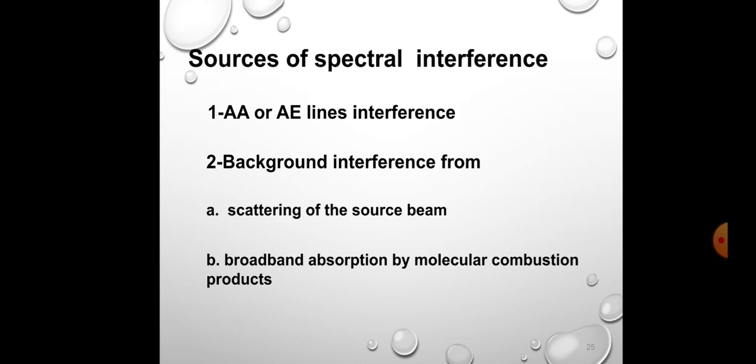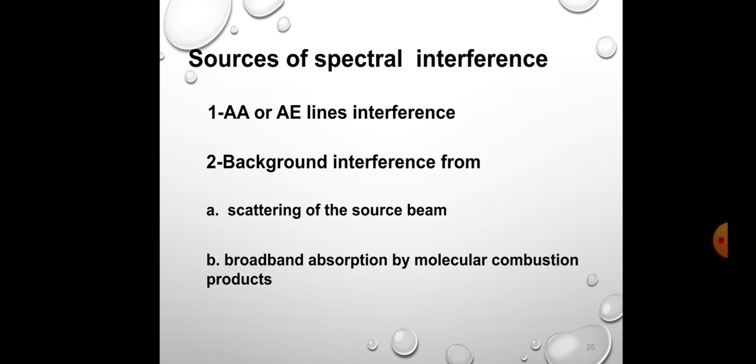So if you have several elements in a solution and introduce the solution into a flame, for example, you will have the emission or absorption lines of several elements, and some of these lines may interfere. So this is called line interference.